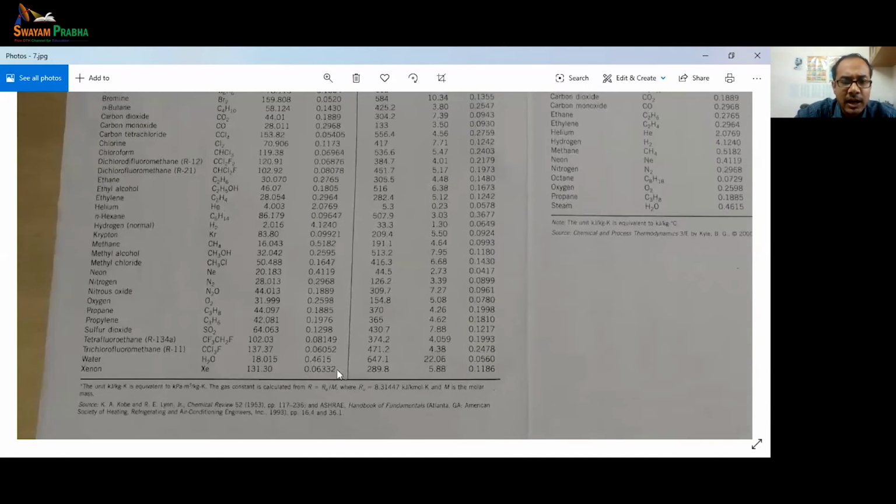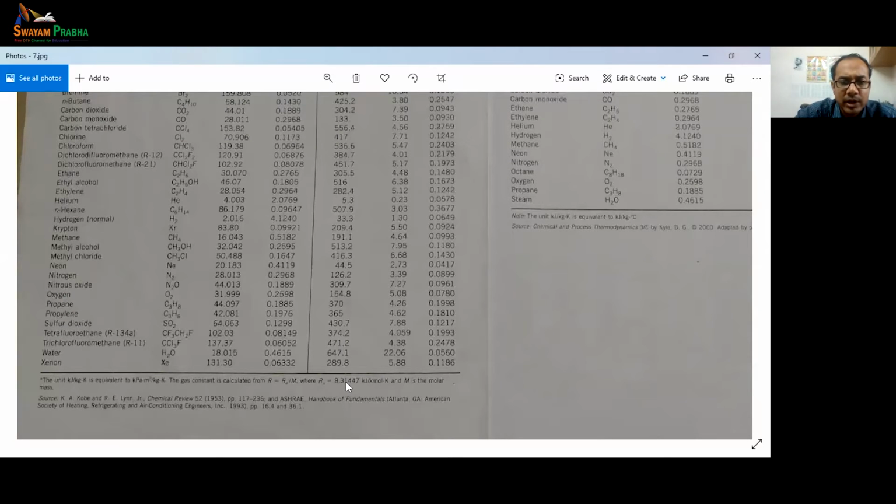What is Ru? At the bottom of the table, you can see Ru to be 8.31447 kJ/kmol·K. Please follow the cursor. You can see here that universal gas constant value.